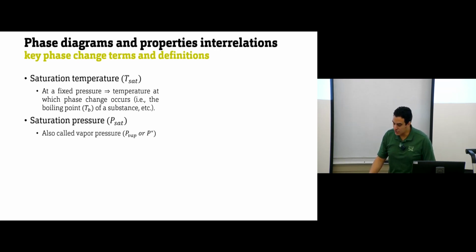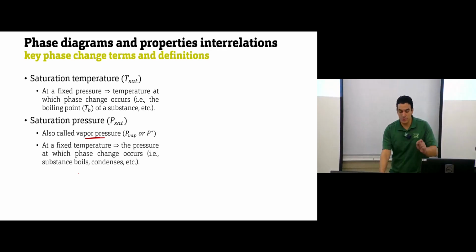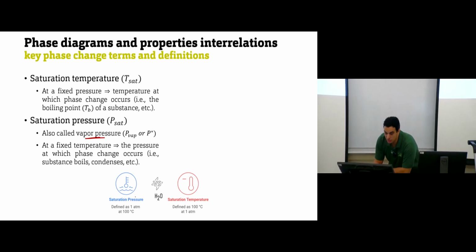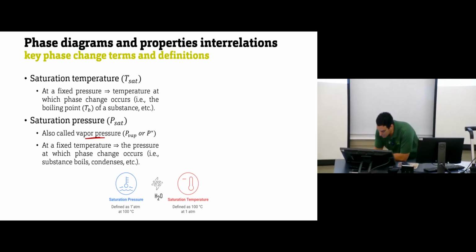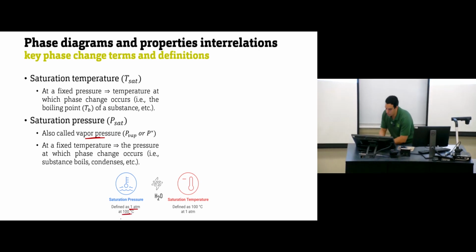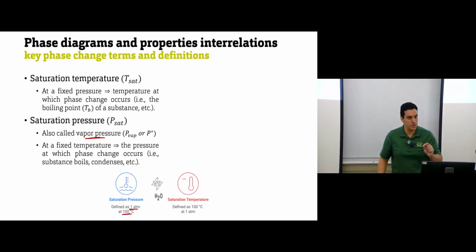And saturation pressure, also called vapor pressure, is the pressure at which phase change will occur at constant temperature, which is the case we have. If I tell you I have water at 100 degrees at 1 atmosphere, the boiling point is 100 degrees Celsius. So 1 atmosphere is the saturation pressure or vapor pressure, and 100 degrees Celsius is the saturation temperature.